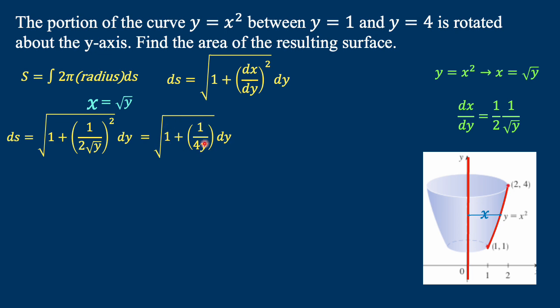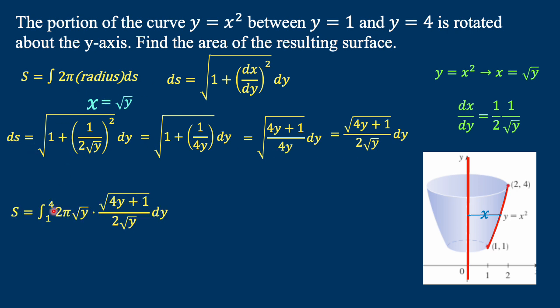Let's make a common denominator. That's going to be the square root of (4y plus 1) over 4y dy. Separate the square root: the square root of 4y plus 1, the square root of 4 is 2, and the square root of y is the square root of y. So let's plug ds into this formula. What do you have?